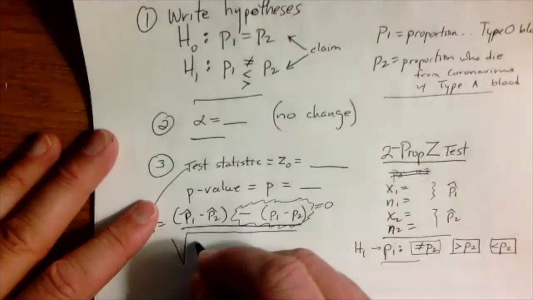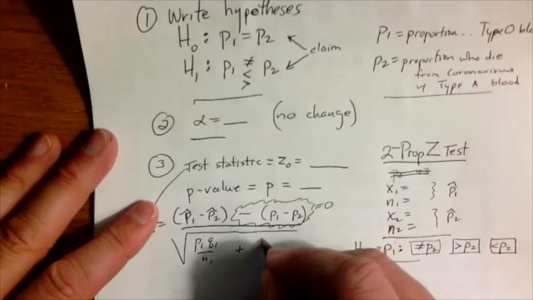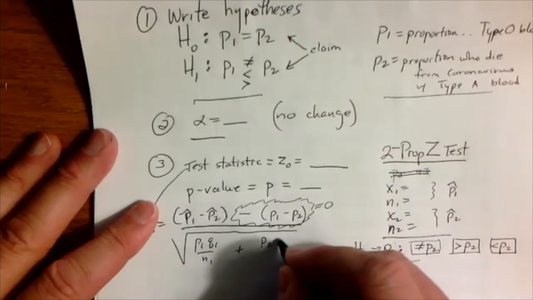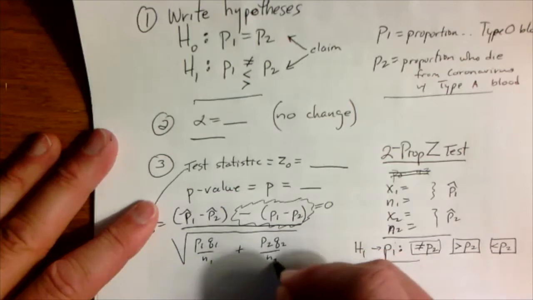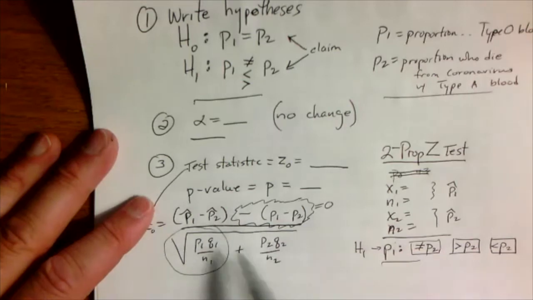Same thing here, but it's P1 Q1 divided by N1. And then they're just additive. Turns out that this works out, N2. And we add those two under a square root. This is all we had right here in the single proportion case. In the double proportion case, we just take this and then add the other one.